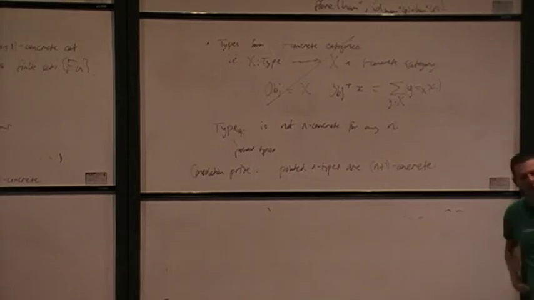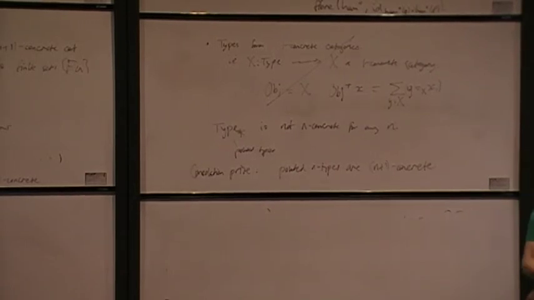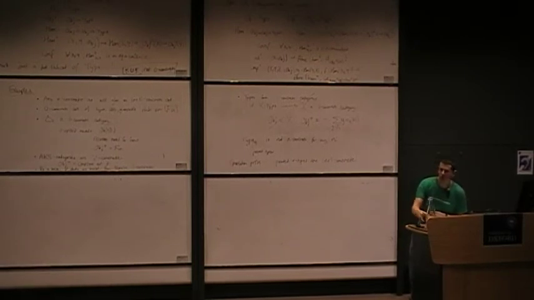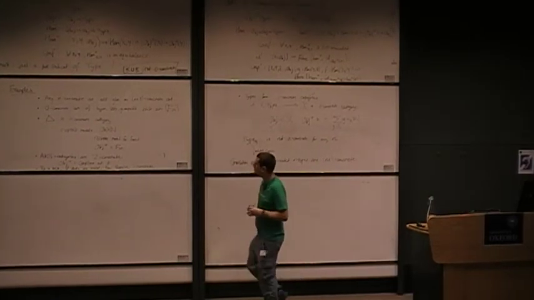Well, any n-type will form an n-minus-one-concrete category just because its hom sets are n-minus-one types, and so it's automatic. But I'm wondering if it may actually form an n-minus-two-concrete category.